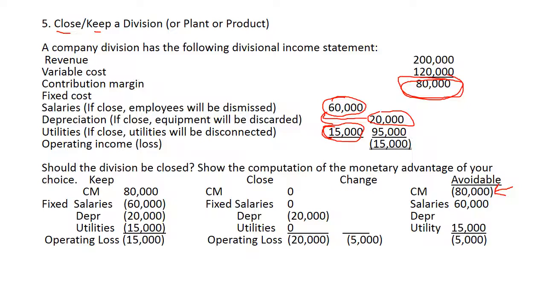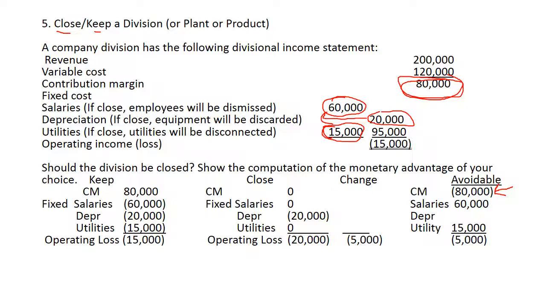So if you take the negative contribution margin, we're basically flipping what we did here, which was taking the contribution margin and then subtracting the expenses. So we're doing a negative contribution margin and adding the expenses we won't have. So the salaries would go away, the utilities would go away.